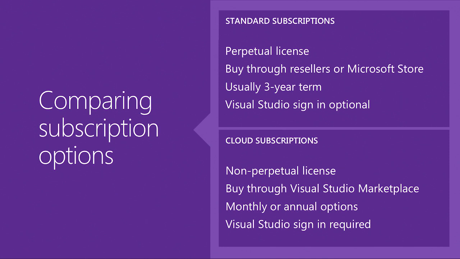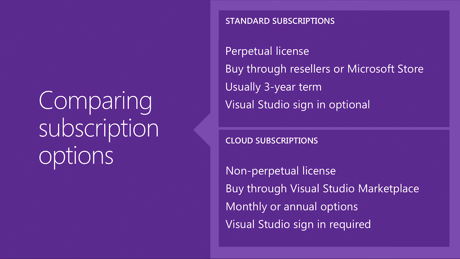You buy through a Microsoft Volume Licensing reseller or directly from Microsoft online through the Microsoft Store. Most subscriptions require a 3-year commitment in volume licensing. And signing in to Visual Studio is optional. You could also unlock the product using a product key that we supply. This works well if you need to remain disconnected from the internet for more than 30 days at a time.